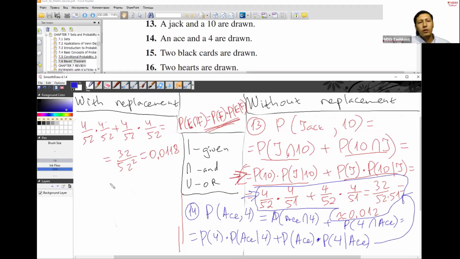Do you have any questions? This is 13. So number 14, also you get the same result as the previous one. Answer for 13: 16, 32 divided by 52 times 51, 0.012.